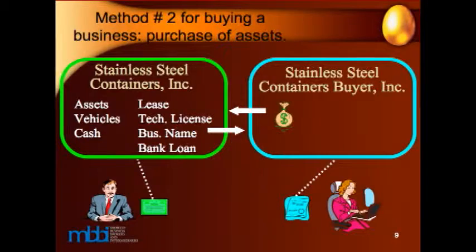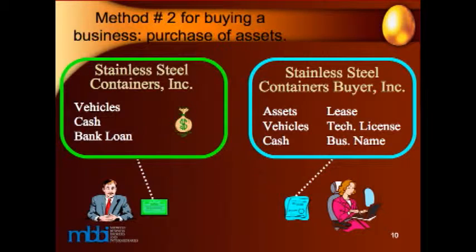Method number 2 is slightly more complicated, and it is a sale of assets. In this method, Brenda sets up a new company, Stainless Steel Containers Buyer, Inc., and capitalizes it by putting the acquisition amount within the corporation. A purchase of assets takes place at the corporate level as opposed to the shareholder level.